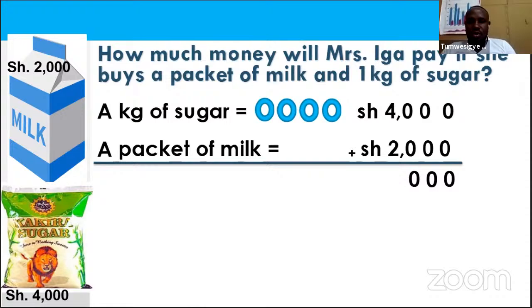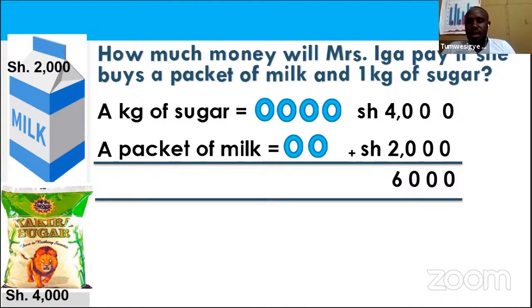Here down, we have to draw 2 of them, so we draw 1 and 2, and after we add all of them together, 1, 2, 3, 4, 5, 6, and we shall put our answer as 6, and we shall underline once again, and we shall put our shillings there, since we are dealing with money.